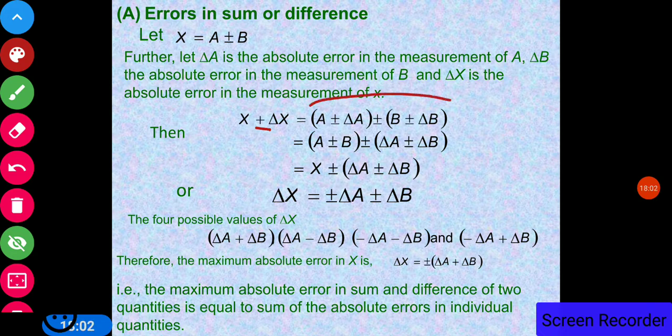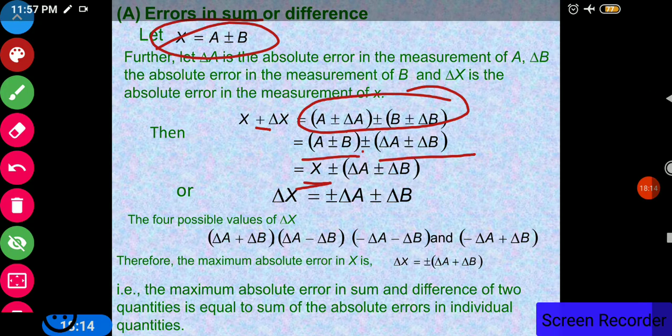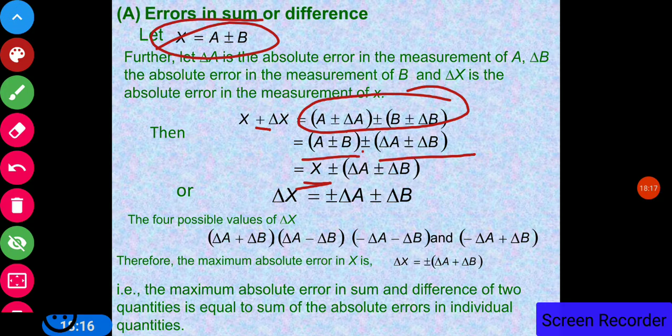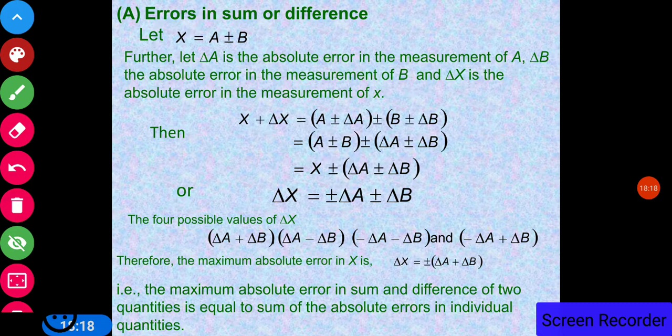Now we can reduce this whole expression: a plus minus b, and del a and del b taken in a bracket, plus minus del a plus minus del b. In place of a plus minus b we can use x, so we get x plus minus del a plus del b. Now if you compare the right and left hand side, we get that del x is equal to plus minus del a plus minus del b.